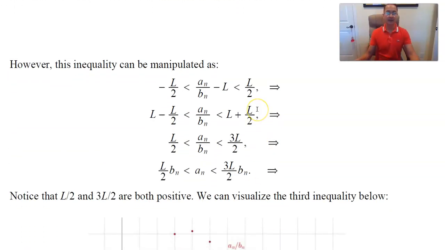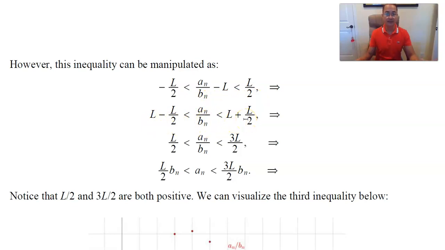The inequality with absolute values can be written without absolute values. Take away the absolute values. Whatever is inside must be between minus L over 2 and positive L over 2. Okay, definition of absolute value inequalities. Now, let's move the minus L to the other sides. Add L to all parts of this inequality. So you get L minus L over 2. L is gone.